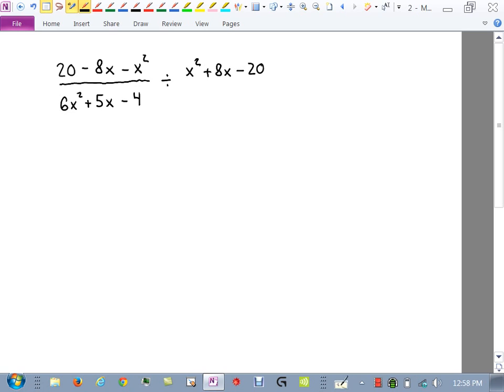Yes, we're still in 7.2. 20 minus 8x minus x squared over 6x squared plus 5x minus 4, divided by x squared plus 8x minus 20 over 3x squared plus 13x plus 12.